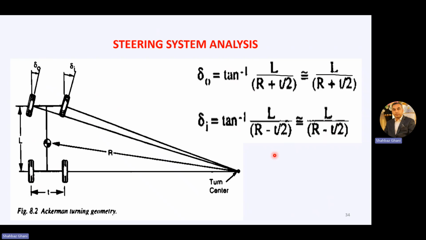So with these formulas, we can find out the inner turning radius and the outer turning radius of a vehicle in this manner.